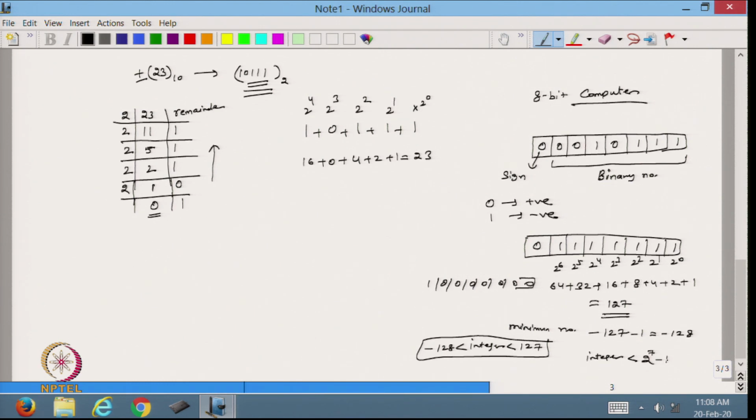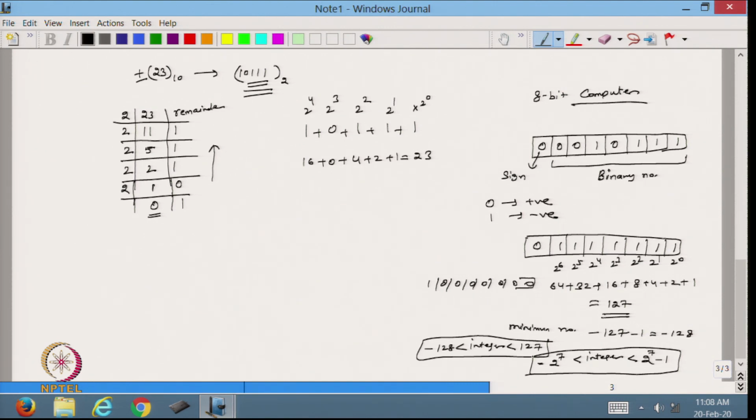So 2 raised to power 7 minus 1 is 127, and this will be minus 2 raised to power 7. So that is the range we can define when working with the 8-bit computer.